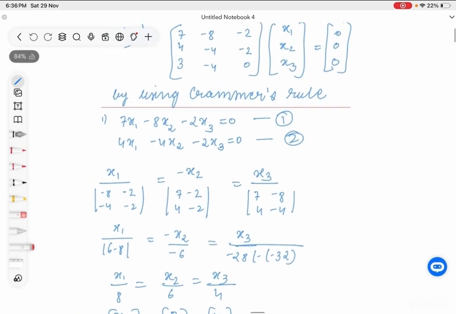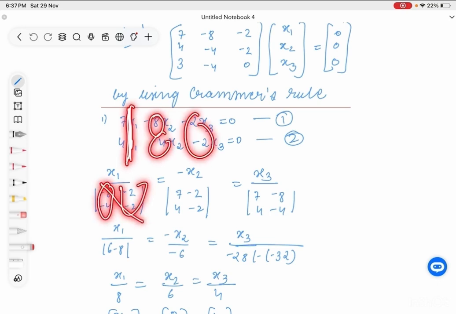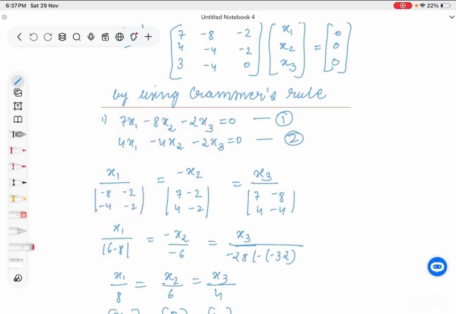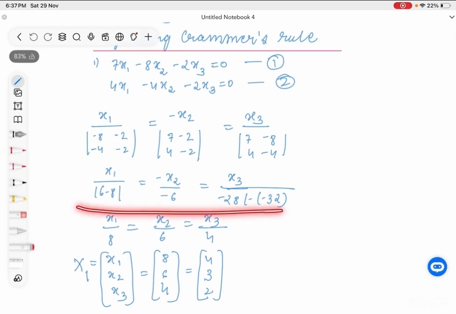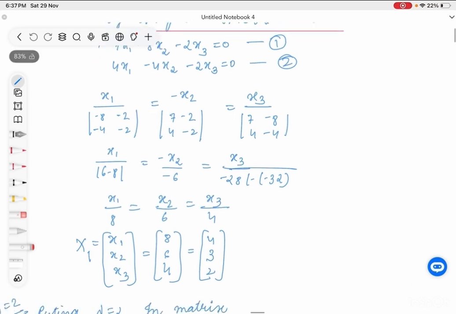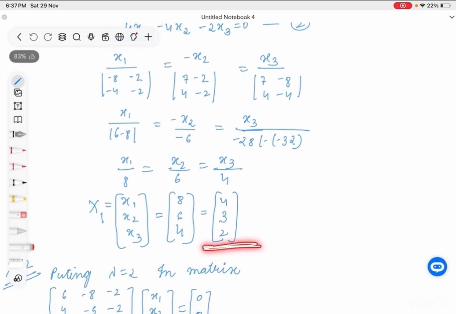Basically what we have done here: we took x1, and in these two equations we hide this and take the coefficients of this here and this here, and cross multiply. Here, 8 into 16 minus 8, and similarly we get all this. So just below x1 we have written 8, x2 6, x3 4, and by reducing it by a factor of 2 we have got the first eigenvector.